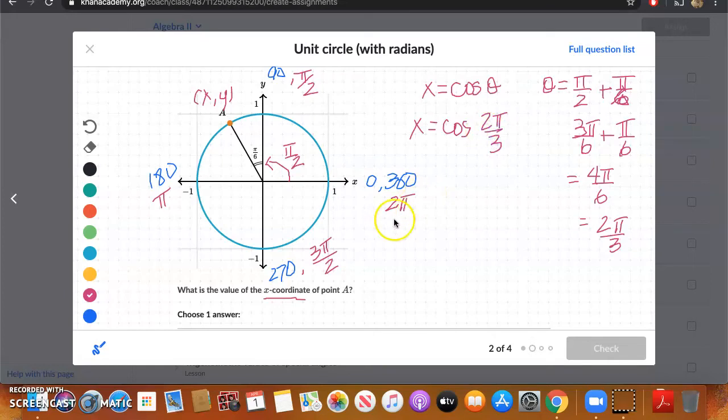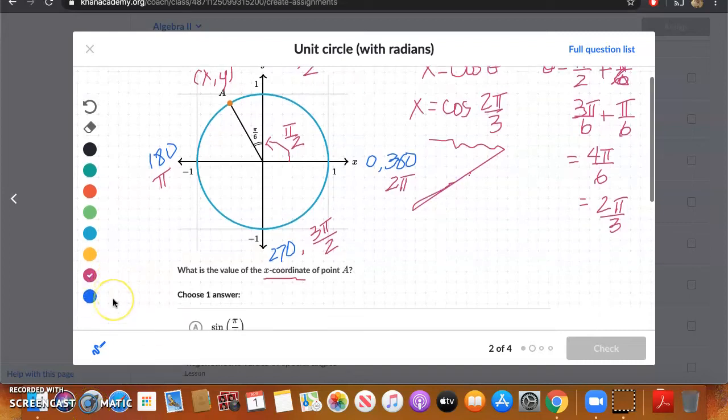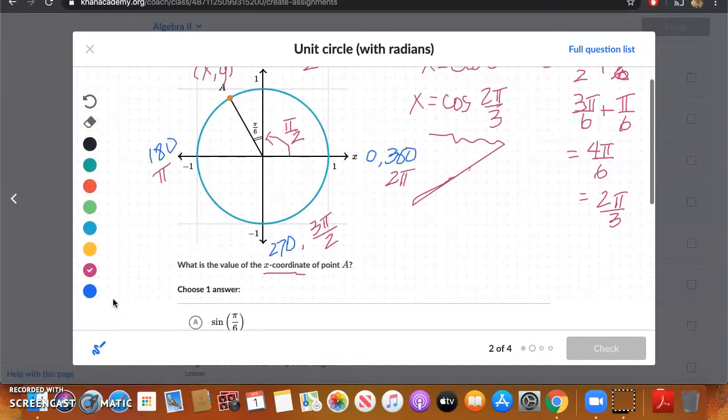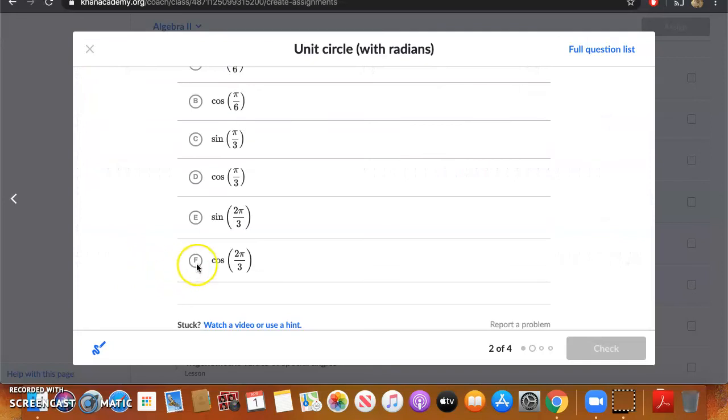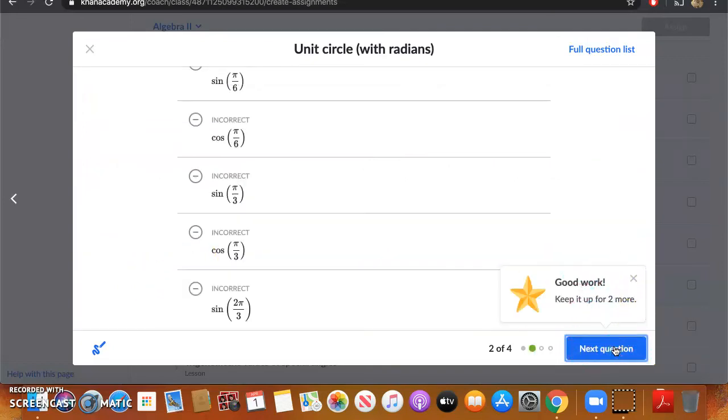Let's see if this answer is given as one of the choices. Cosine of 2 pi over 3 is choice F. Let's check, and that is correct. Okay, let's go on to another problem.